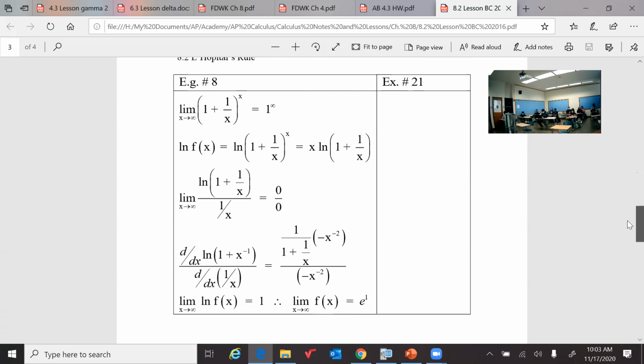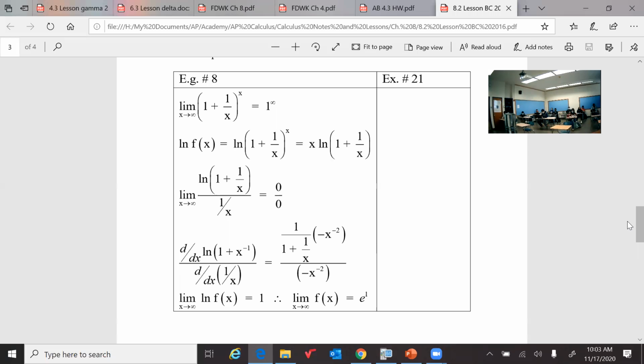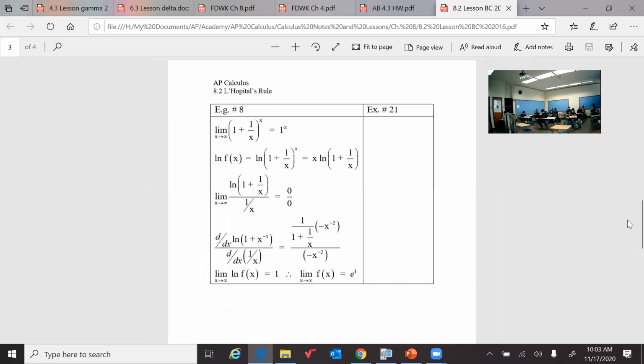Here's example 8. So for example 8, ready? When the limit is x goes to the right without bound. So you have 1 plus 1 over x. As x is really, really large, this thing's going to 0. You have small over large, 1 raised to the x.